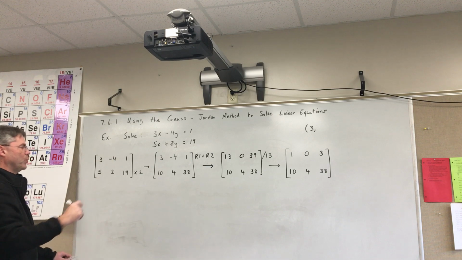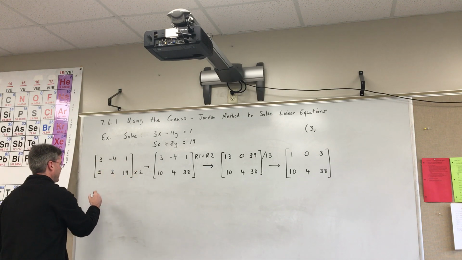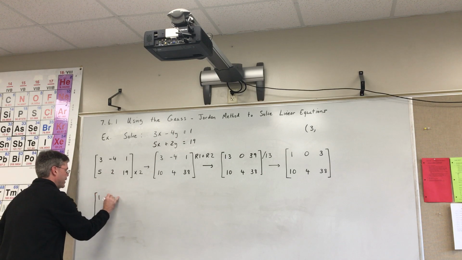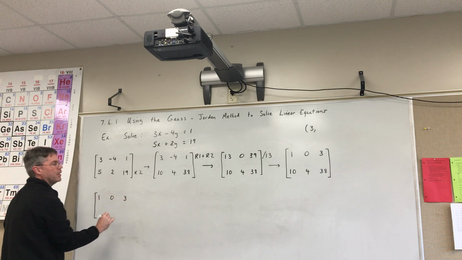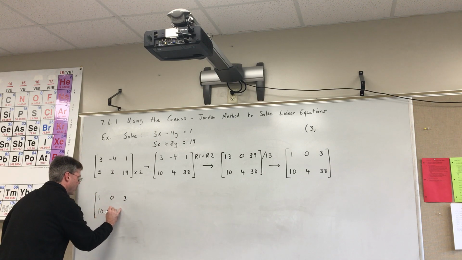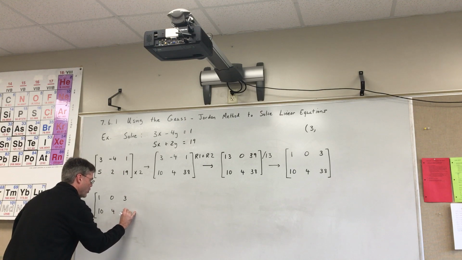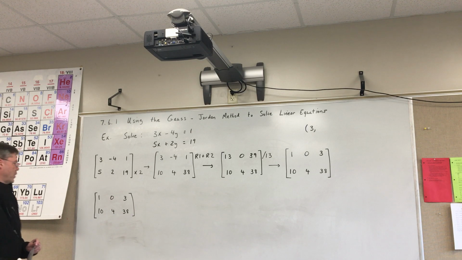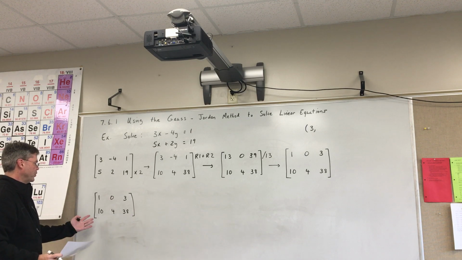Okay, I'm going to recopy that matrix down here so that I won't run out of room. So I've got 1, 0, 3, 10, 4, 38. All right, so what I want to do is get a 0 right here.